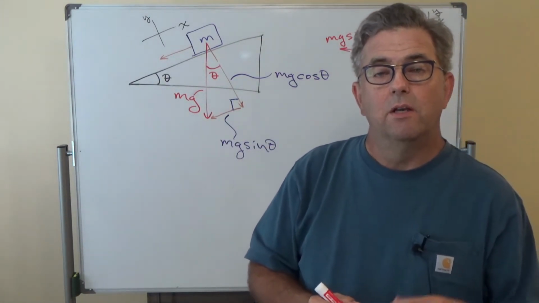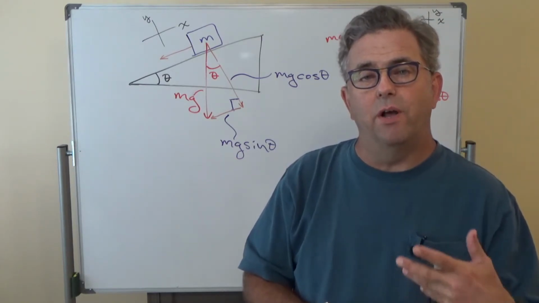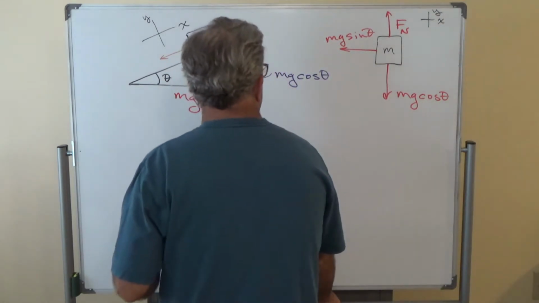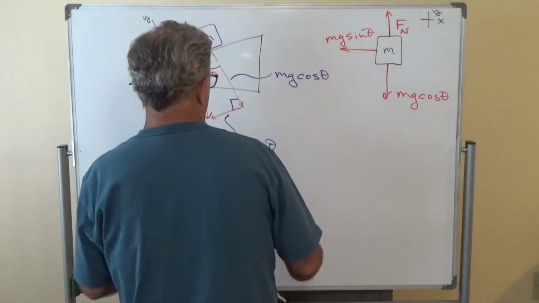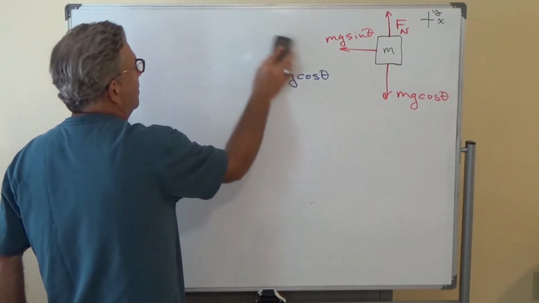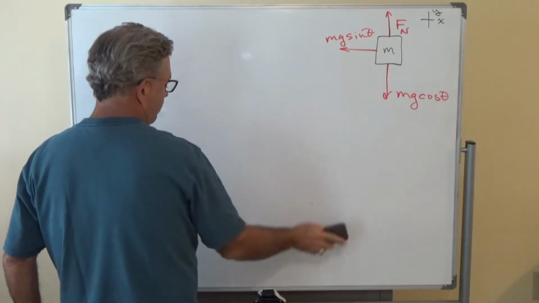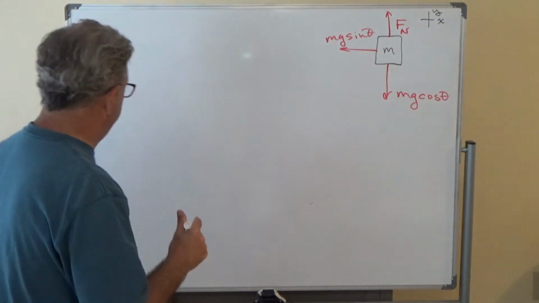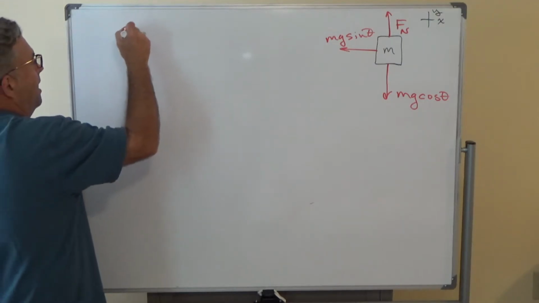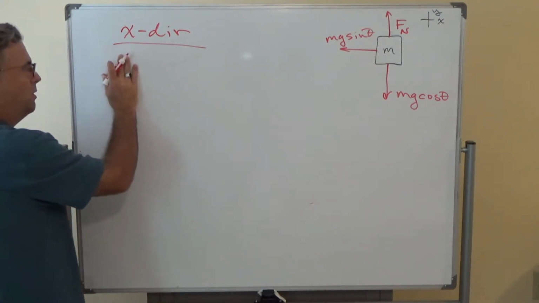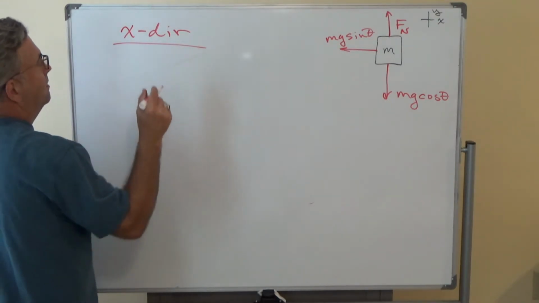All right. So we can analyze the acceleration of this object along the plane with Newton's second law. Let's look at the sum of the forces in the x direction. So in the x direction, we always have the sum of the forces equal to ma.